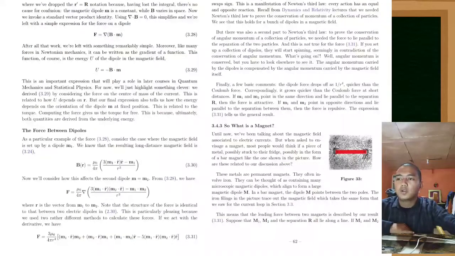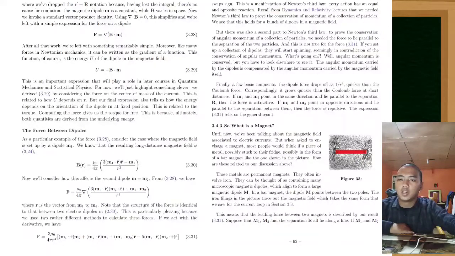Now we will consider how this affects the second dipole, m = m2, from 3.28. We have F = μ0/4π ∇((3(m1 · r̂)(m2 · r̂) − m1 · m2)/r³), where r is the vector from m1 to m2.